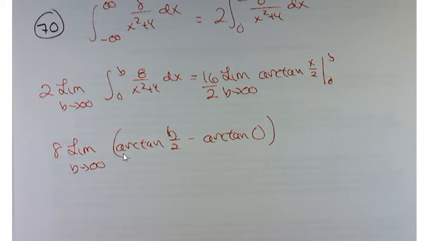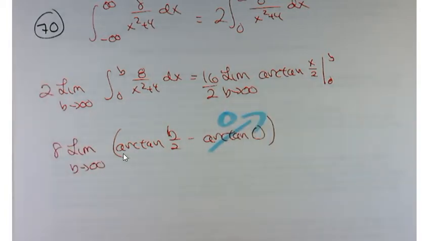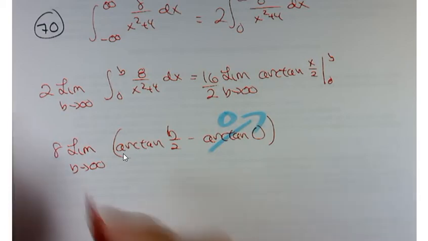Now this was kind of funny. One of these will simplify pretty nicely. Arctan of 0 is 0. The angle whose tangent is 0 is 0. But really on the other part of this, we want this.